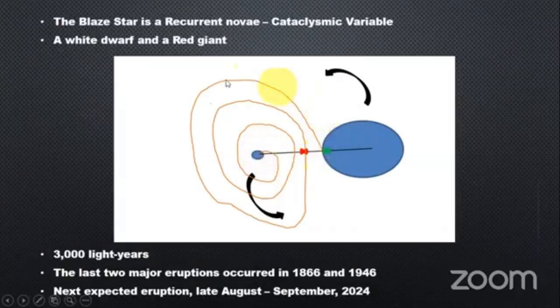Now, as the material falls in, it takes the gravitational potential energy of the white dwarf and converts it to kinetic energy. So at the point they land on the surface of the white dwarf, they are landing at 17% the speed of light. That is a lot of energy, so a lot of heat is generated.